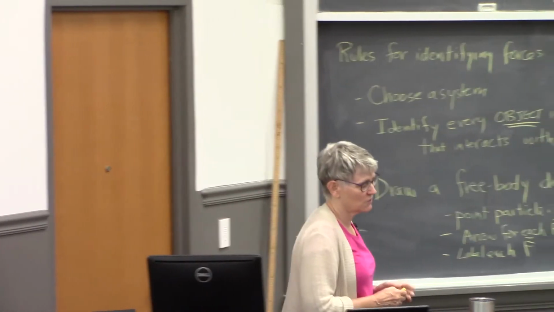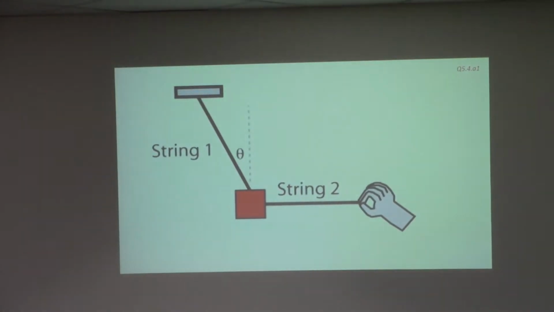So here's a situation we'll analyze that involves a block that's attached to two strings. One's attached to the ceiling, and you're pulling on the other with your hand. Okay? And the ultimate goal is going to be to find the tension forces exerted by the strings on the block, which we don't know.